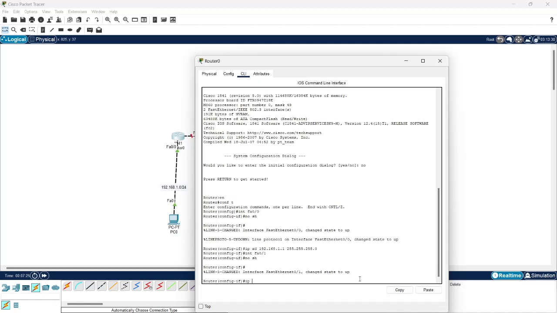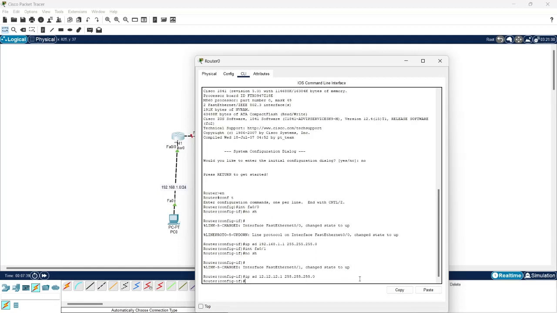So we're gonna type ip address 12.1 with the subnet mask 24 again. Then press enter. And after that, you can exit from the configuration mode.